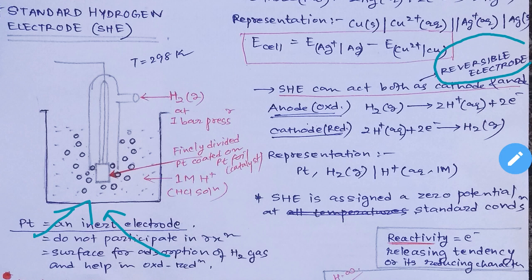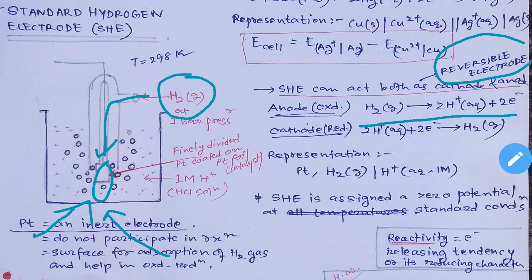So we will see how oxidation will take place. See, for the oxidation, what will happen: this hydrogen gas, which we will bubble, will change to 2H plus ions, giving out 2 electrons. Okay, so this H2 gas which will pass through this platinum wire will get adsorbed on this platinum surface, right?